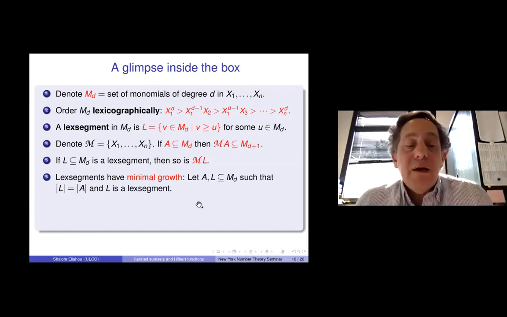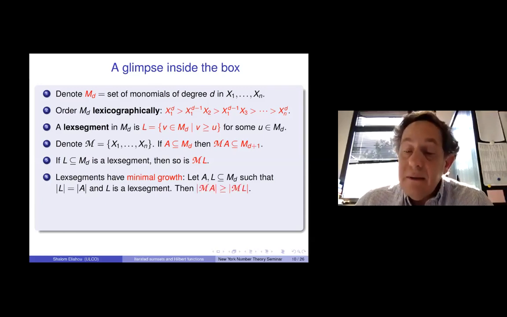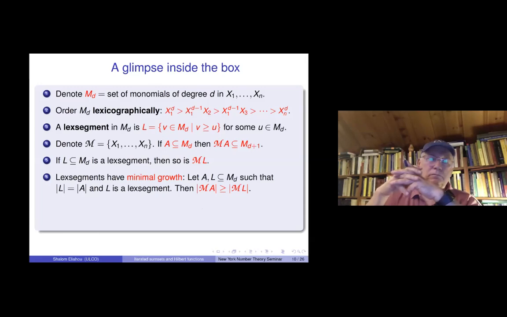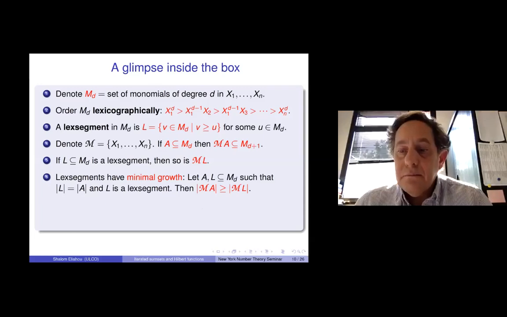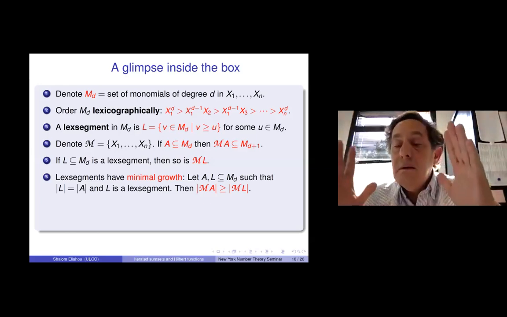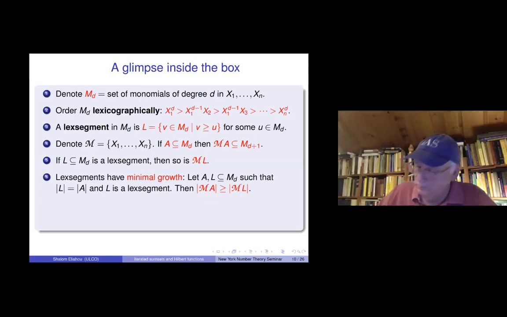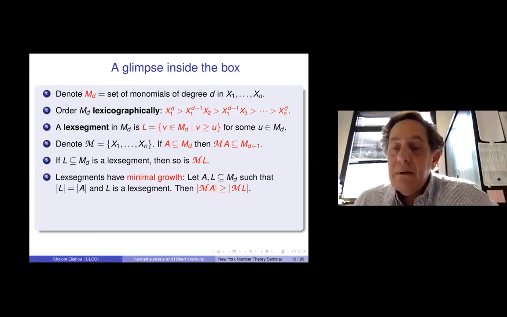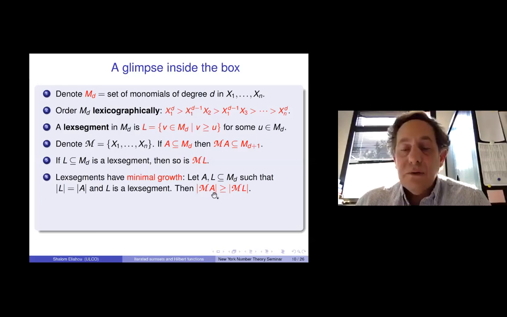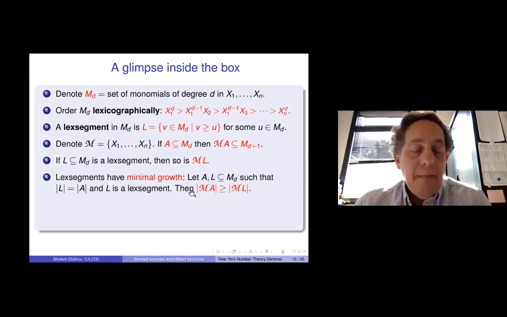Then these two you multiply by the variables, and then you have this inequality here. So that's the key point. Lex segments have minimal growth. You can think of the integers, for example: if you take the sum set of a finite set with an interval, the growth is smallest possible. So that's the same thing in multiplicative. This is multiplicative combinatorics.